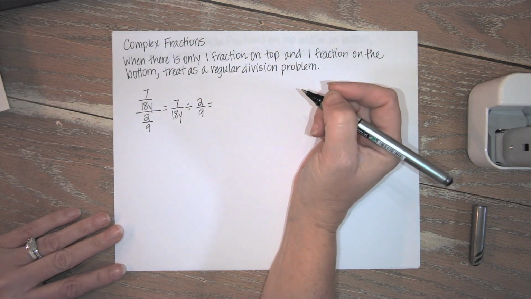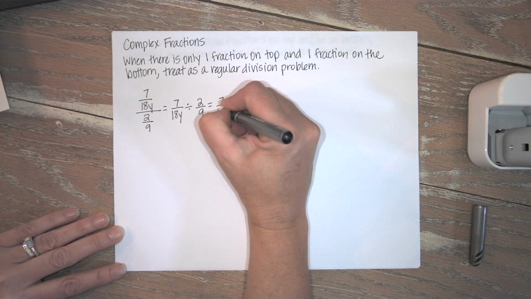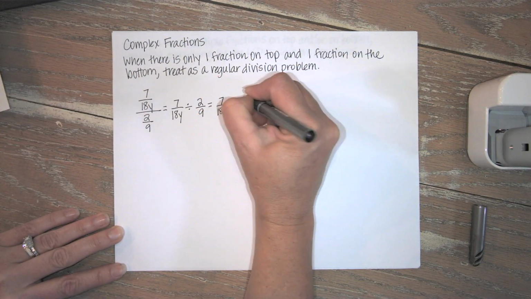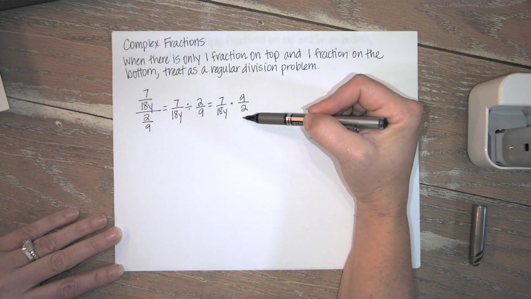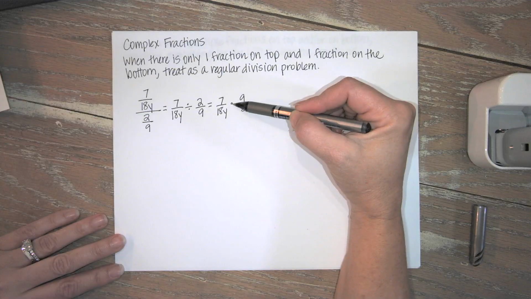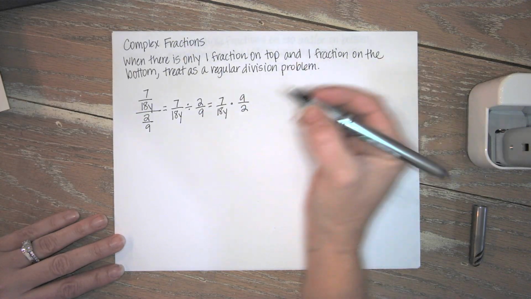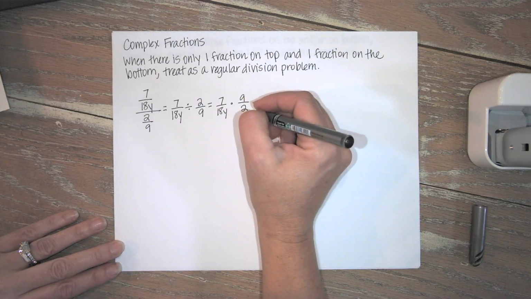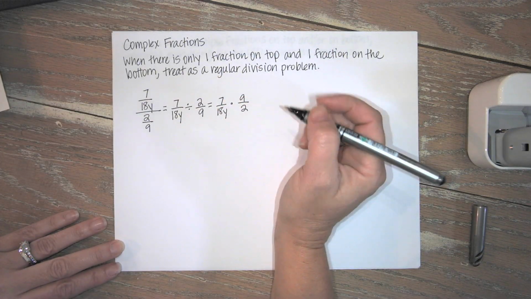And we should know that when we're dividing fractions, division is the same as multiplying by the reciprocal. So I just rewrote the problem as a multiplication problem, and we're now multiplying by the reciprocal of 2/9, which is 9/2. Once you get it to this point, you can do some simplifying if possible before you multiply.